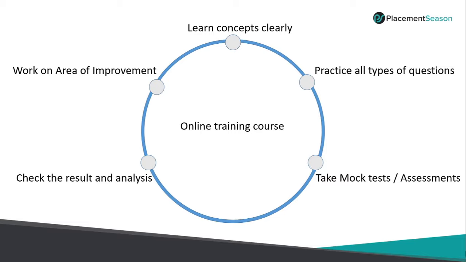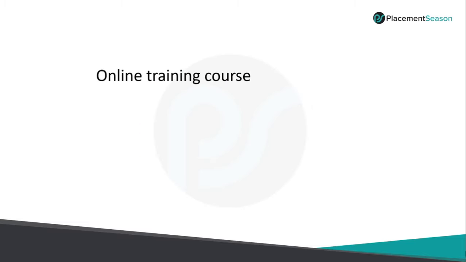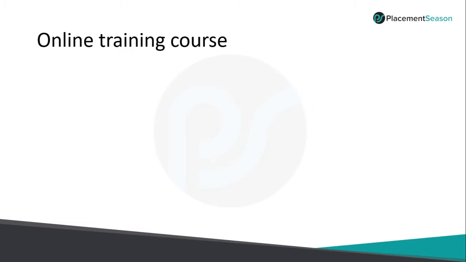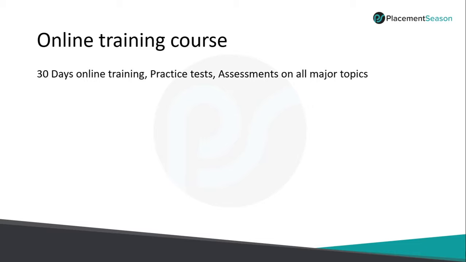This online training course contains 30 days of online training followed by practice tests and assessments on all major topics in quants, reasoning, verbal and the technical section. It means you will be getting complete training on placements.